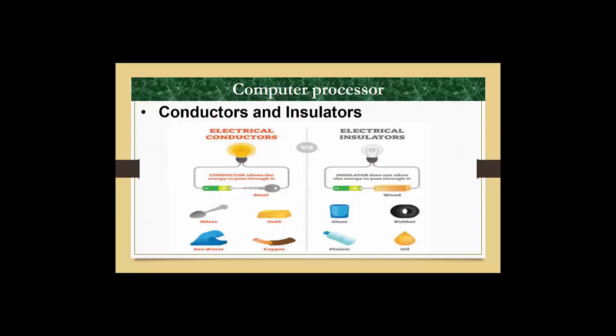Sometimes the semiconductors allow electrons to pass, and sometimes they don't. They have the characteristics of both conductors and insulators, which is why we call them semiconductors, which means they can be treated chemically to be either a conductor or an insulator.